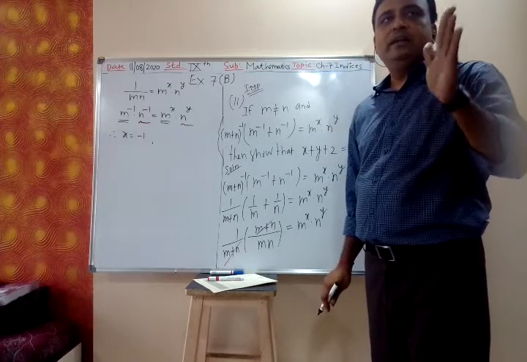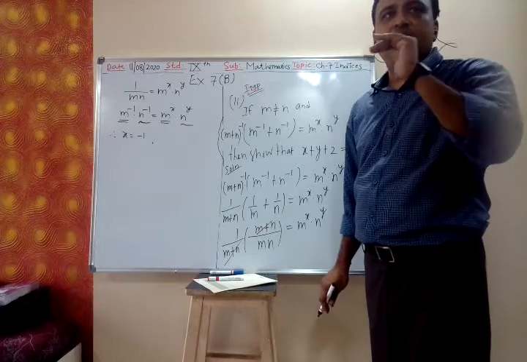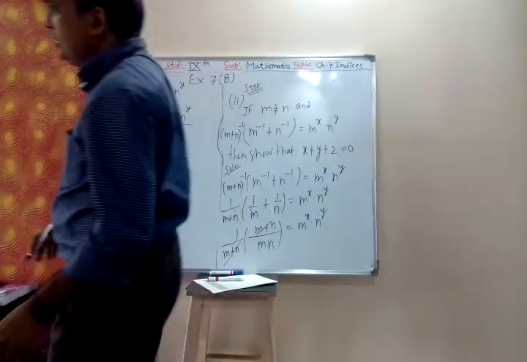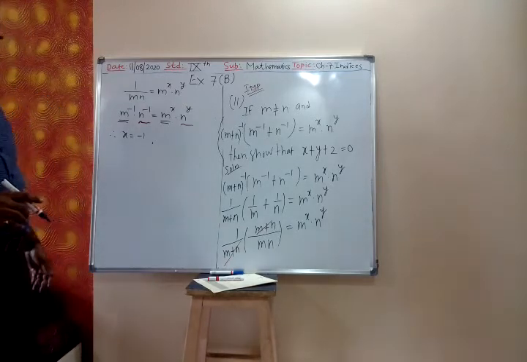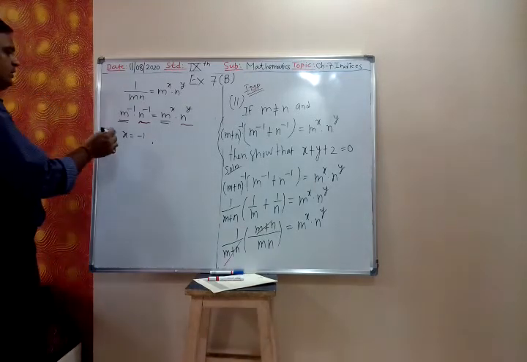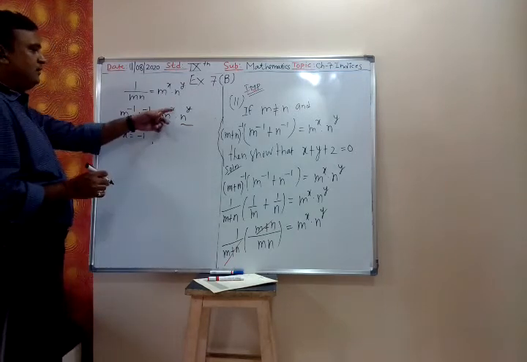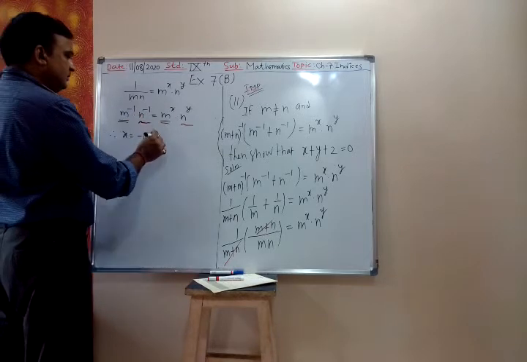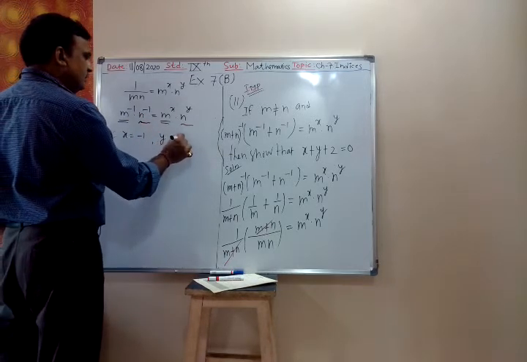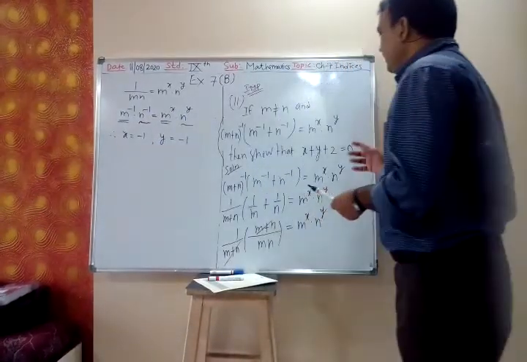My dear, m plus n is same as n plus m because addition is commutative. Commutative means a plus b is same as b plus a. So m plus n is same as n plus m. Where is 0?